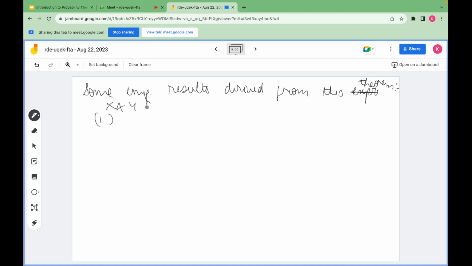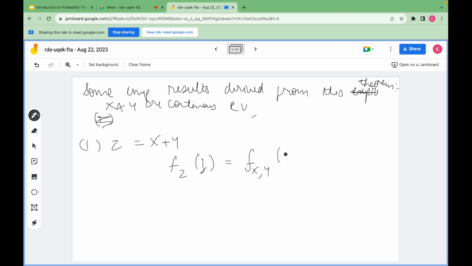For x and y continuous random variables, then for z equal to x plus y, fz is obtained from the joint probability distribution fxy, where fxy exists and we know this quantity.